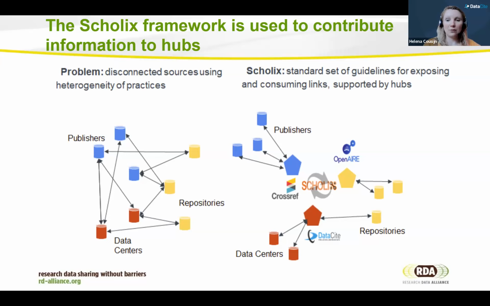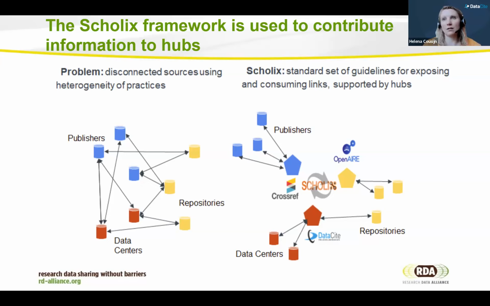And for that, we implemented a kind of hub model so that publishers and data centers and repositories could send the information they had about the links between articles and data sets to specific hubs that they were already working with in many cases. So for example, publishers, many of them register DOIs with Crossref and they deposit metadata with Crossref. So then within that metadata, they can include information about the links between an article and a data set.